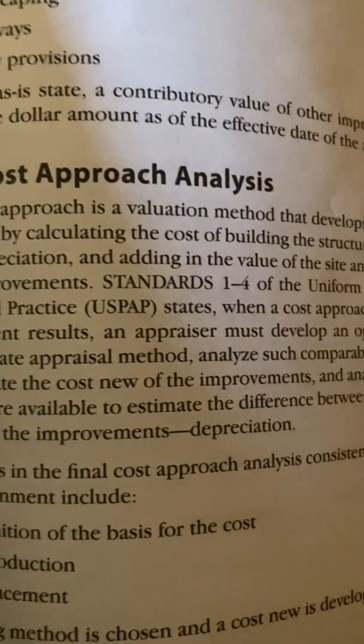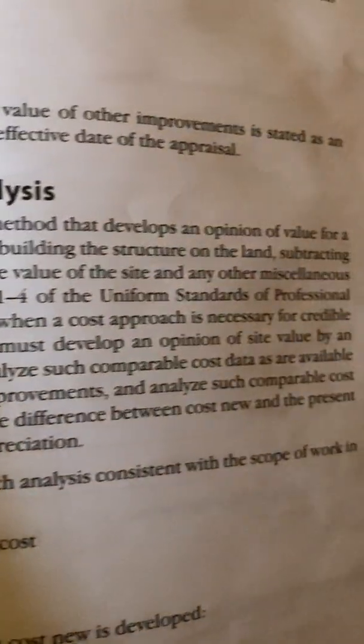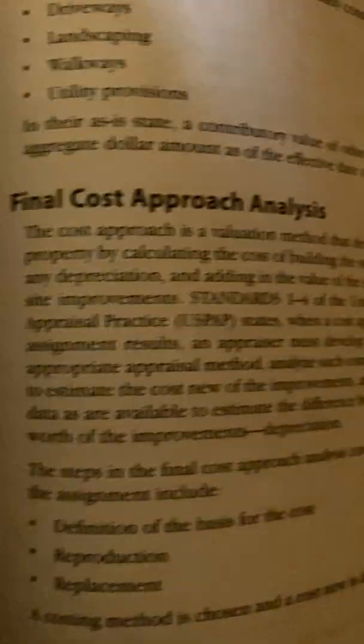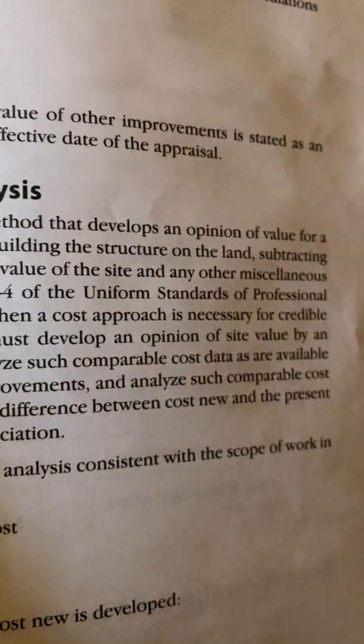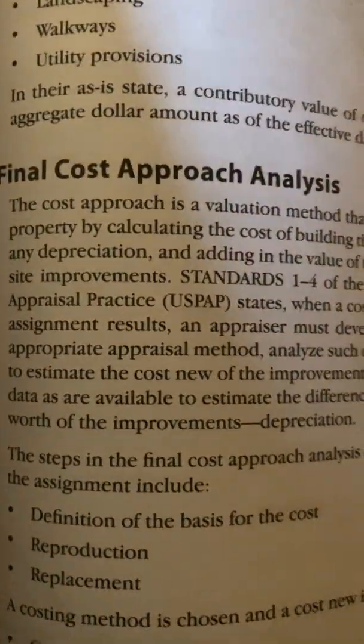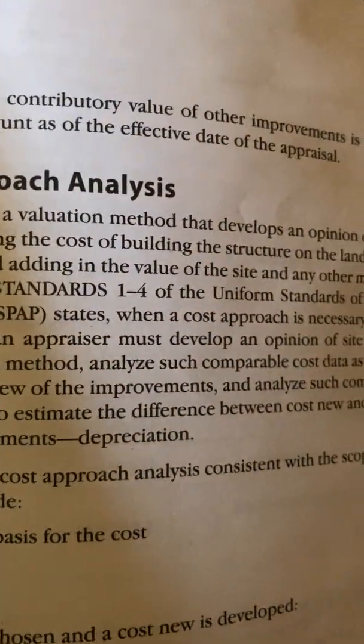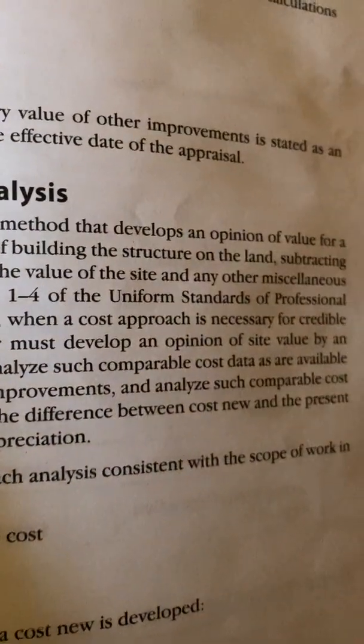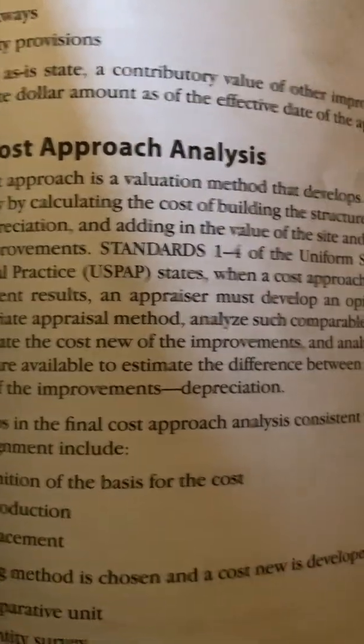Final cost approach analysis. The cost approach is a valuation method that develops an opinion of value for a property by calculating the cost of building the structure on the land, subtracting any depreciation, and adding in the value of the site and any other miscellaneous site improvements.